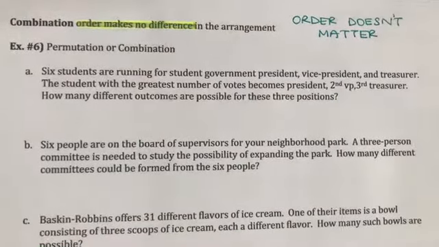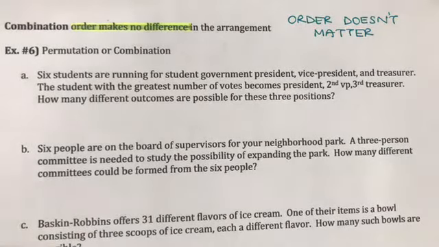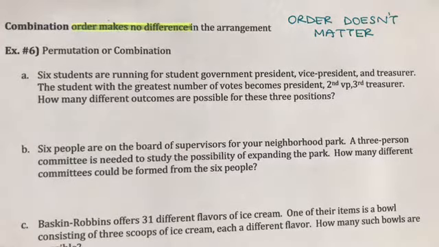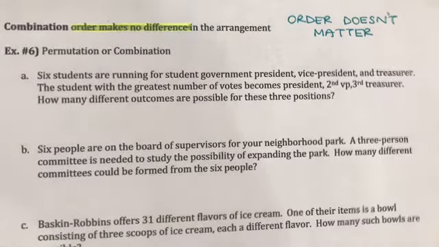Okay, so I want you guys to take a minute and read through these few scenarios and just try to decide, is it a permutation or a combination? Does order matter or does it not matter? Okay, go ahead and hit pause.